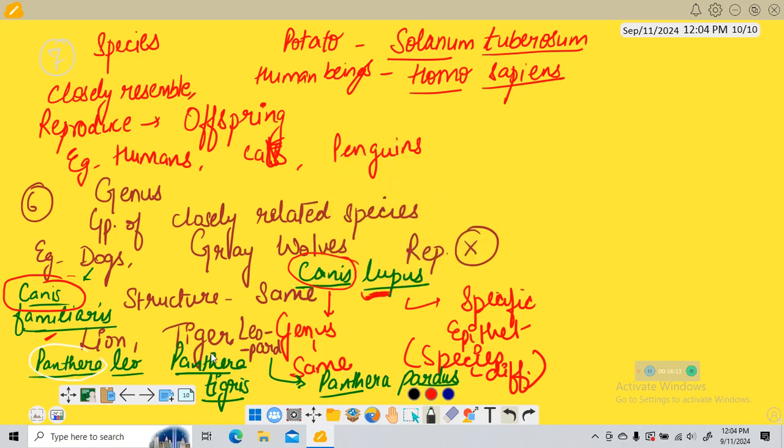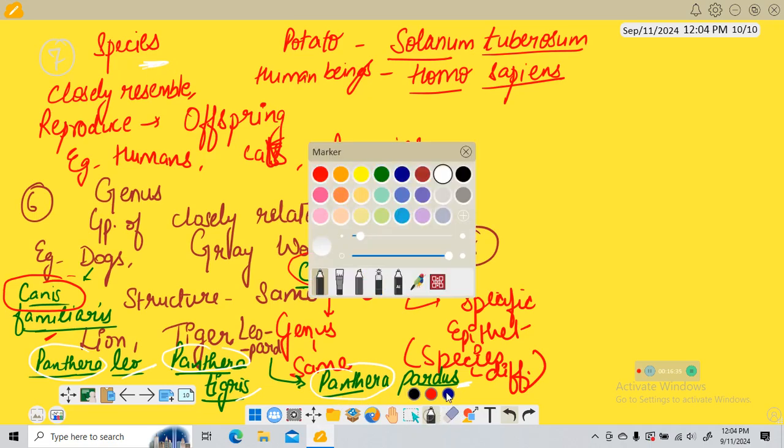Panthera is same here, Panthera is same here for leopard. So that means genus is same, but leo, tigris, these all are species name or specific epithet. These all three are different. So in genus ranking, what we'll see, this genus will be same, but this species will be different.